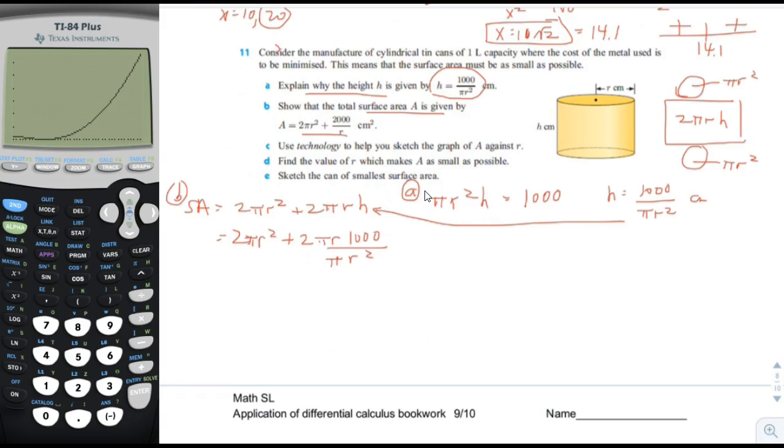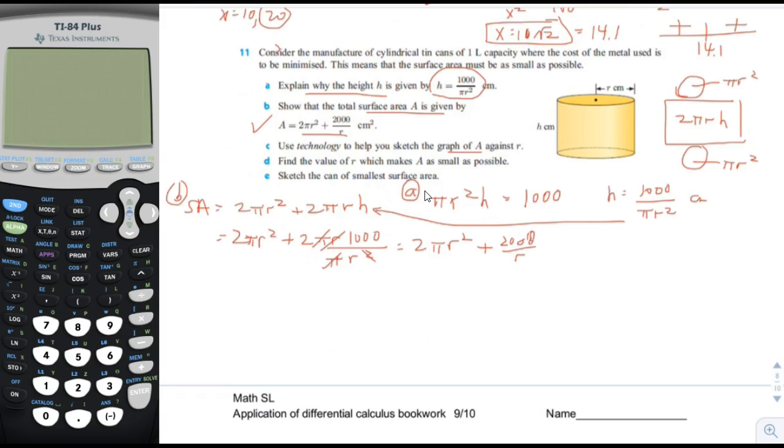And then we're going to cancel the pi's and cancel that. And now we have 2 pi r squared plus 2,000 divided by r. Did we get what we wanted? Yes, we did. Okay, now it says use technology to help you sketch the graph of A against r.